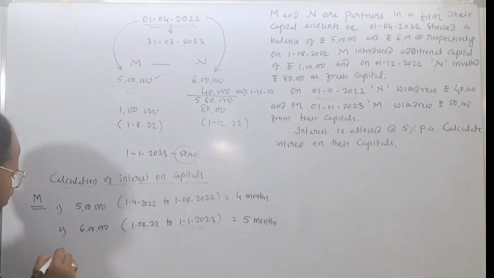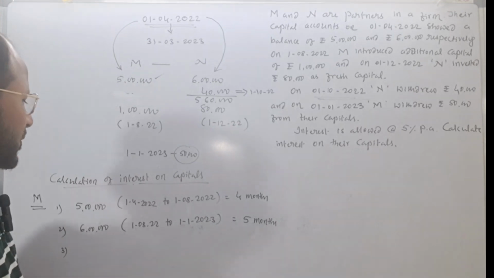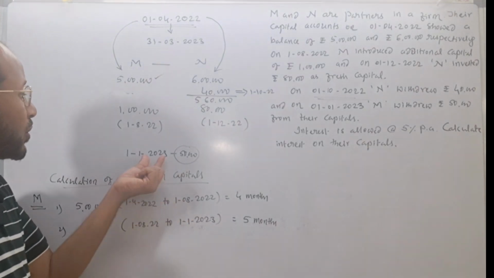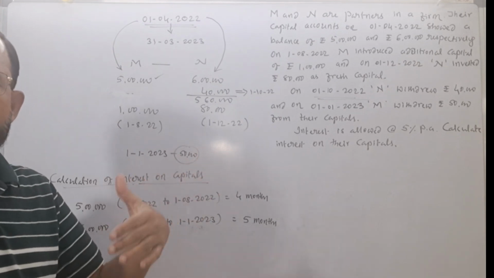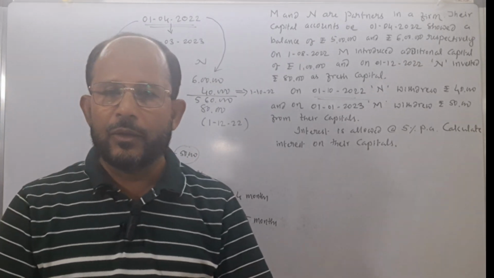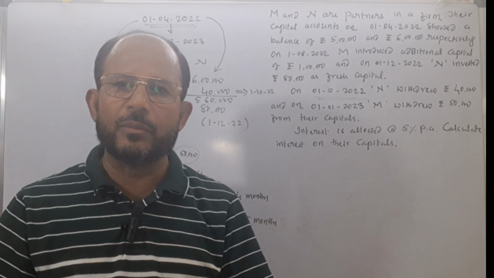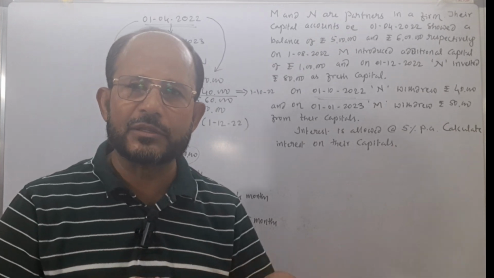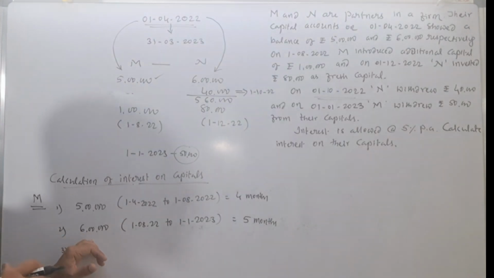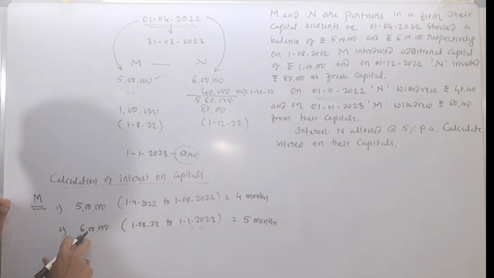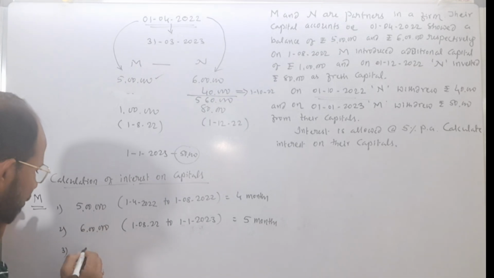Next, third case. See, on 1st January 2023, he withdrew rupees 50,000 from the business for his personal use. When rupees 50,000 is withdrawn by the partner, his capital balance comes to rupees how much? 5,50,000. See, 6 lakh was there. Out of that, 50,000 he has withdrawn.